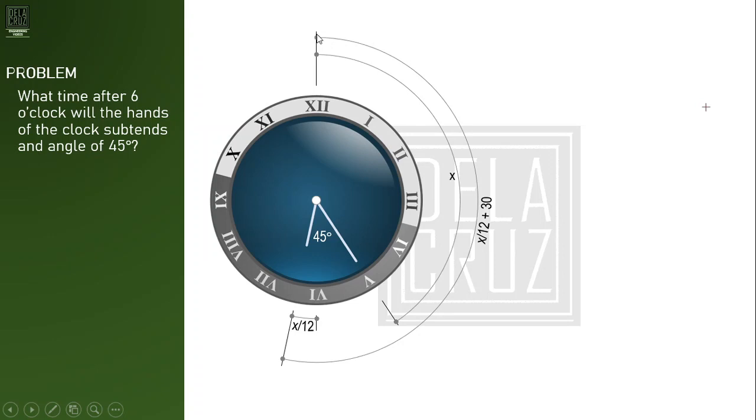So that from here to here, that should be x over 12 plus 30 minutes. I hope that is clear. No? So dito, yung equation natin will be shorthand minus the longhand. No? Will be shorthand minus longhand is equals to the angle between them.